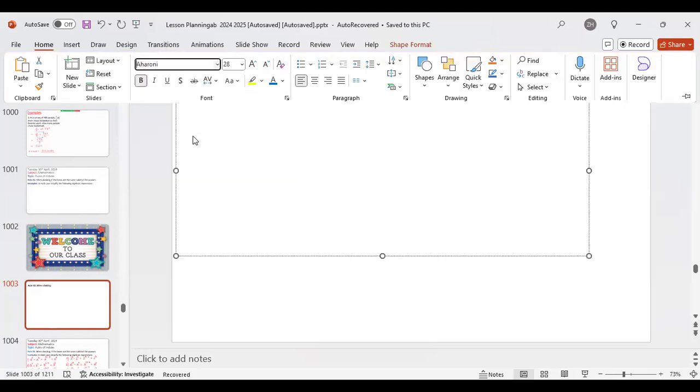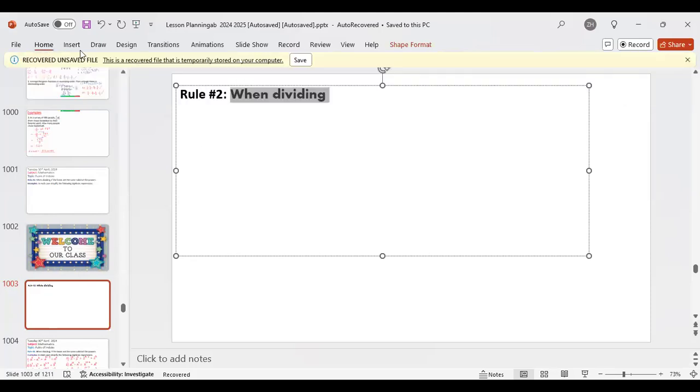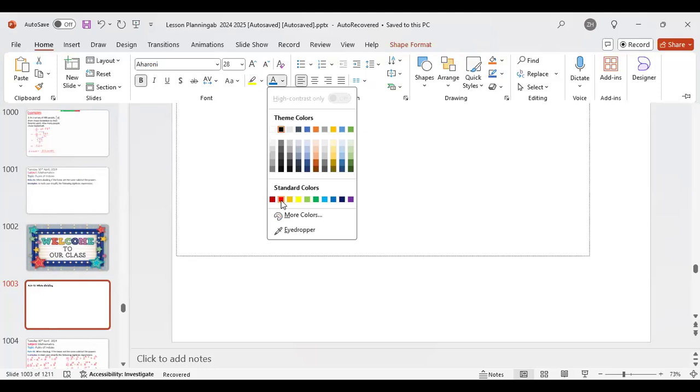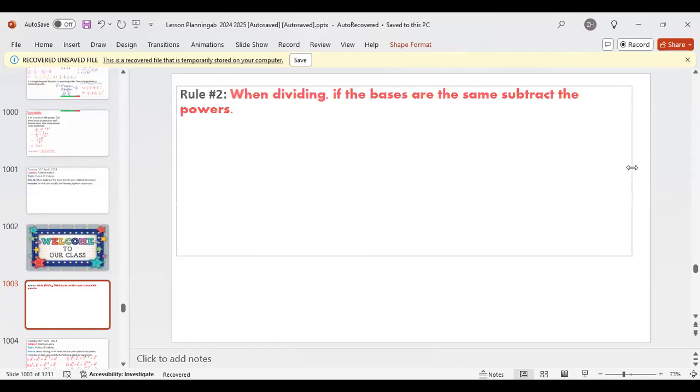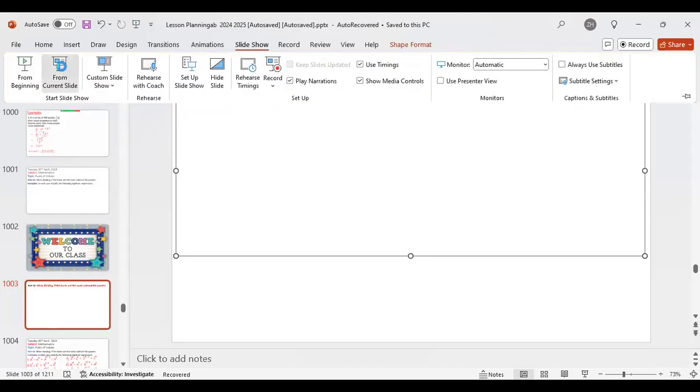Now rule number 2 deals with division. So when we are dividing, if the bases are the same, what do we do with the powers? We subtract. We subtract the powers. So if the bases are the same and we're dividing, we subtract the powers.